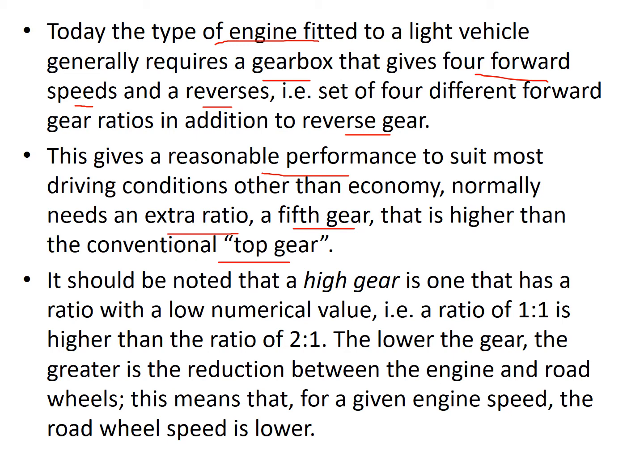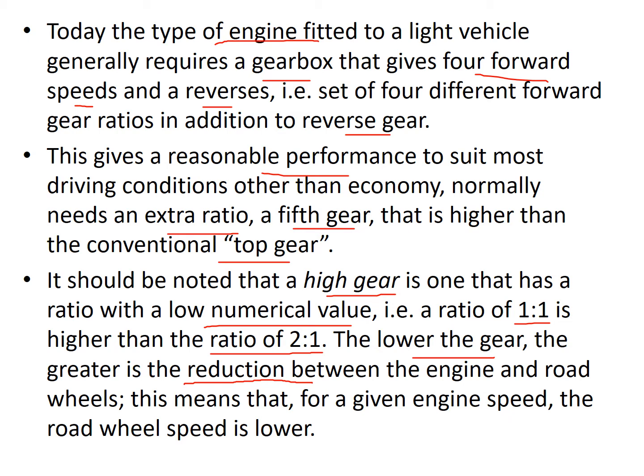Okay, it should be noted that a high gear is one that has a ratio with lower numerical value, that is, ratio 1:1 is higher than ratio 2:1. So the lower the gear, the greater is the reduction between engine and road wheels.